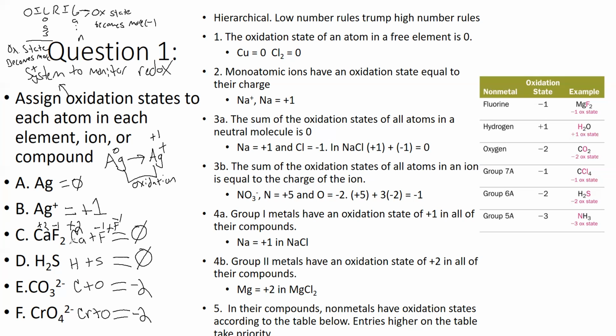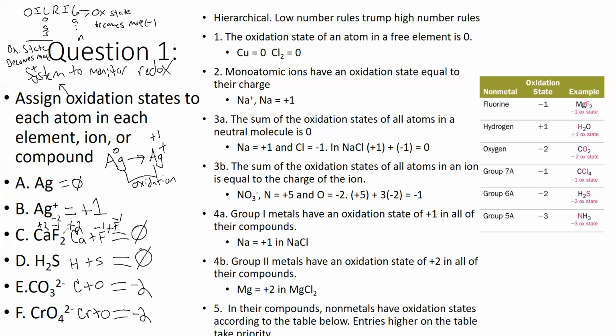A common mistake I see for something like C: you have 2 fluorines, each one is -1. You would not say fluorine has an oxidation state of -2.